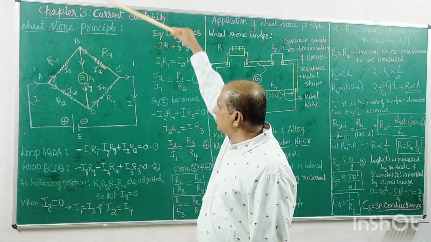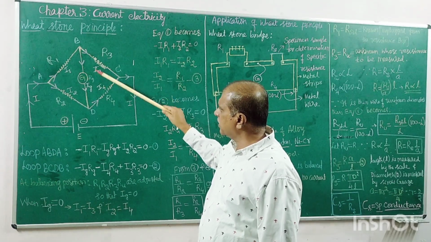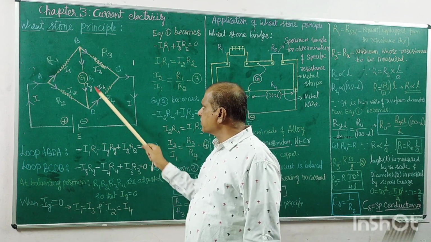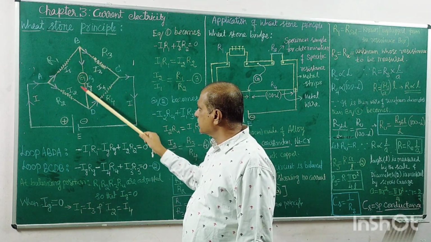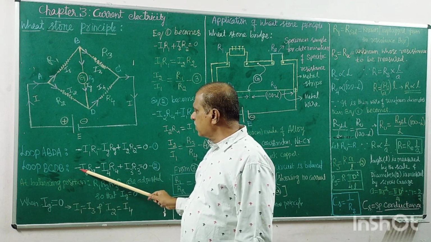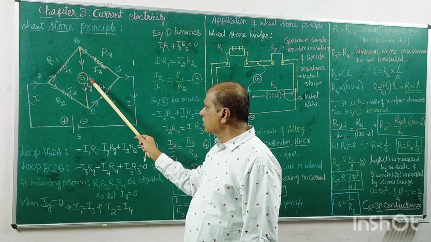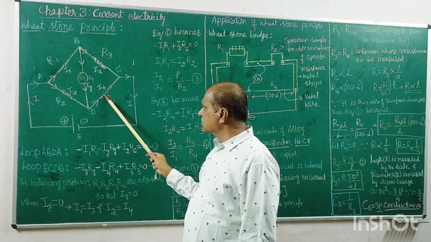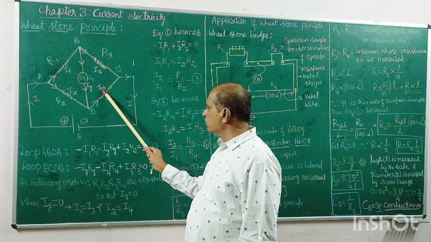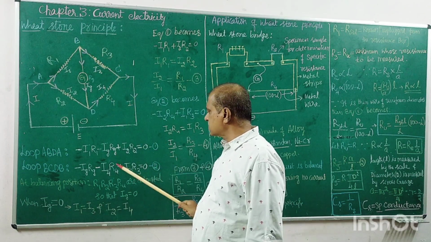So the potential change at this conductor, this conductor and this conductor: in the clockwise direction, minus IG RG about this conductor, and across this, minus I4 R4, and this is the opposite direction, therefore it takes plus.